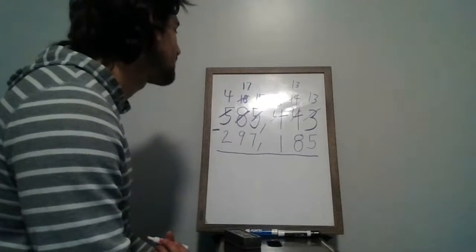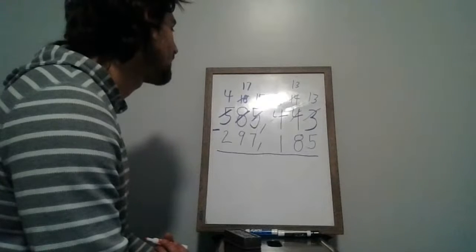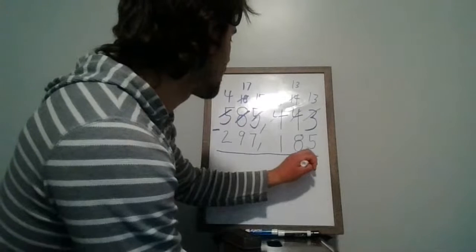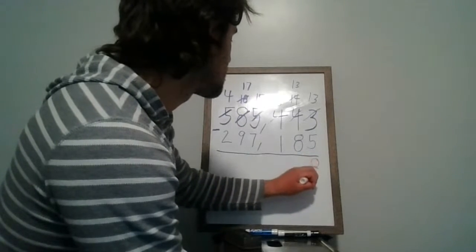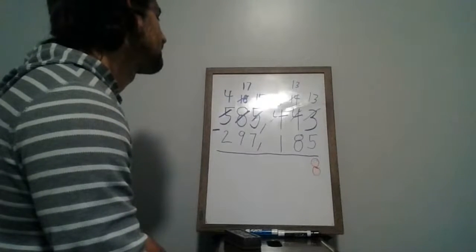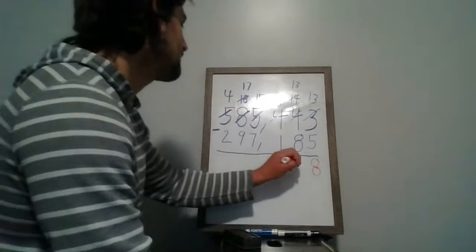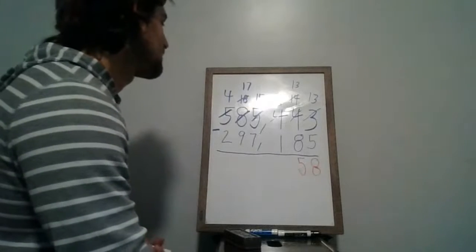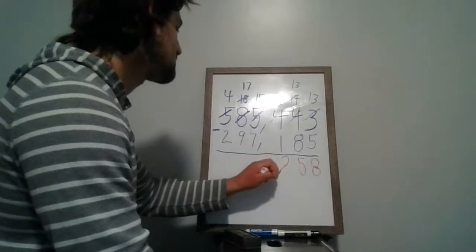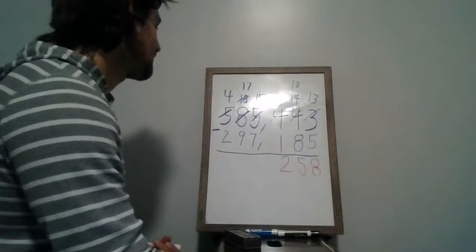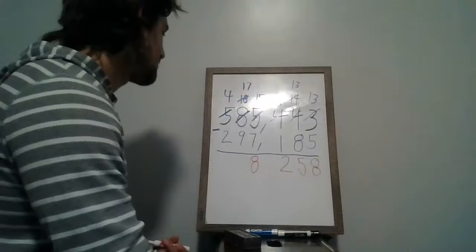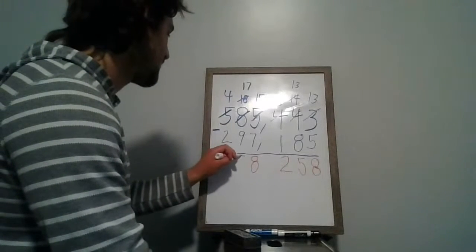All right, so 13 minus 5, start out with that. 13 take away 5 equals 8. 13 minus 8 equals 5. 3 take away 1 equals 2. 15 minus 7 equals 8. 17 minus 9 equals 8.